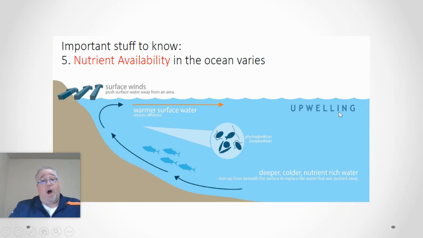We call that an upwelling. Fish love that, right? Because most of the fish are up here at the surface. So when there's an upwelling, all of those organisms and nutrients from the bottom come up to the surface, and that's how the fish can feed. So again, nutrient availability changes as the ocean is changing.